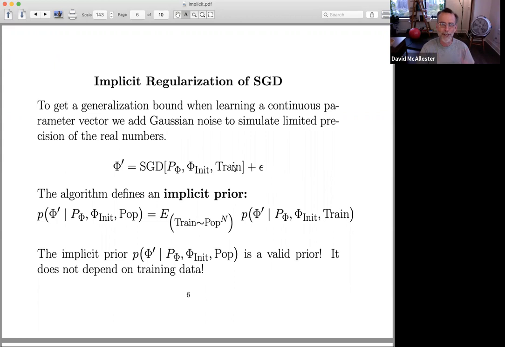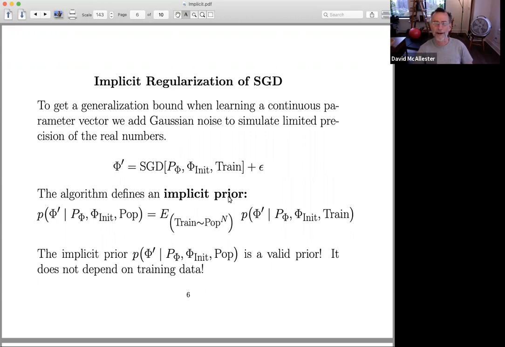We're losing information in the real numbers generated here. So it's almost like having finite floating point numbers. But it's standard practice to just use this noise and use the Pac-Bayesian theorem and continue to work in the continuous parameter space.